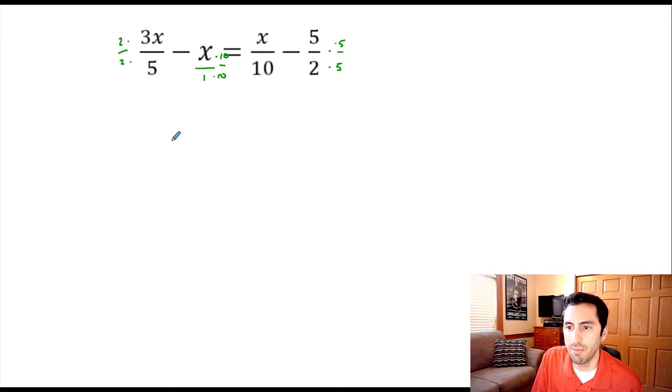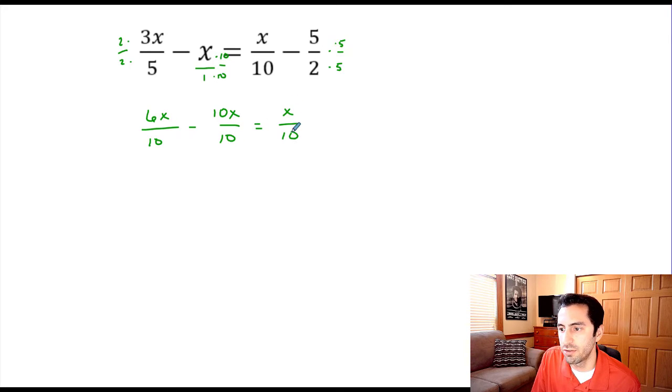All right, so up top here, 2 times 3, we have a 6x, and now that's over 10. Multiplying here, we get 10x over 10. This fraction didn't change. And then our last one, 5 times 5, we get 25 over 10.